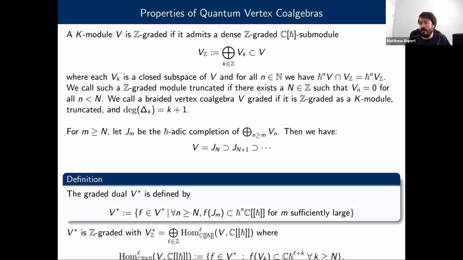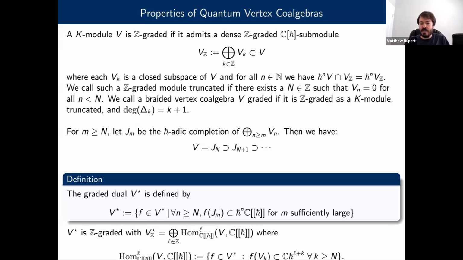And we're going to need to construct graded duals. The way we do this for K-modules is we let J_m be the h-adic completion of the sum of these terms with index greater than or equal to m. The h-adic completion, you should think of as follows: a K-module doesn't necessarily have limit points of all Cauchy sequences, so you want to construct a space containing the space you start with where you incorporate those limit points.